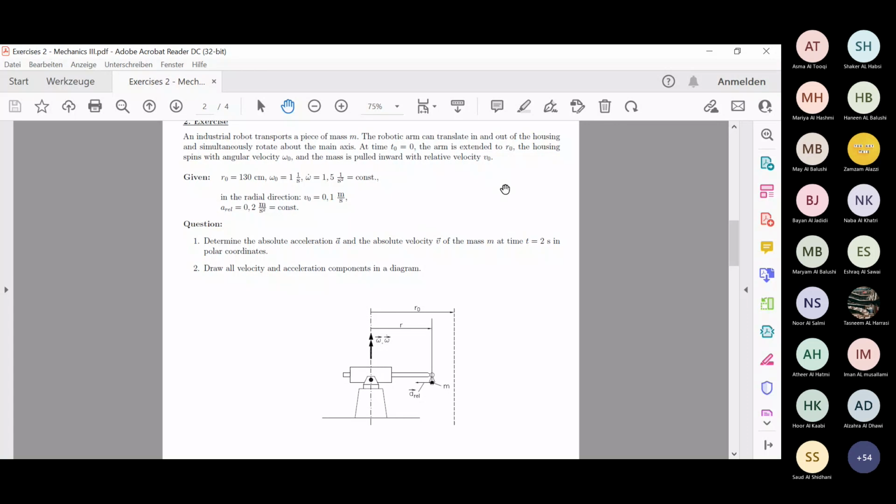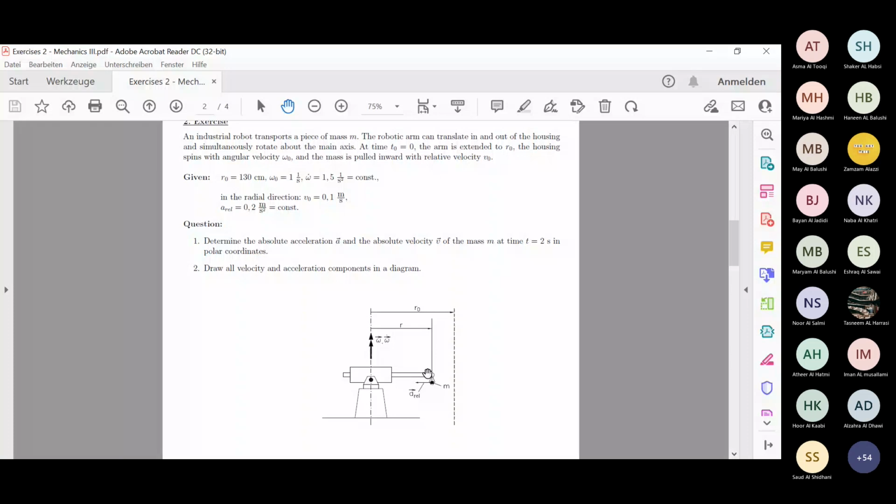This axis is rotating, which means it's translating in this direction, or in 2D, the perpendicular one, and itself it's rotating around this axis.